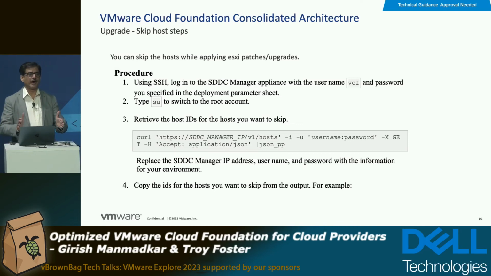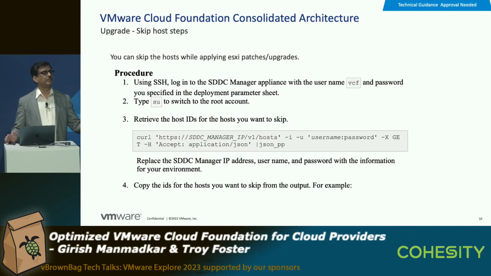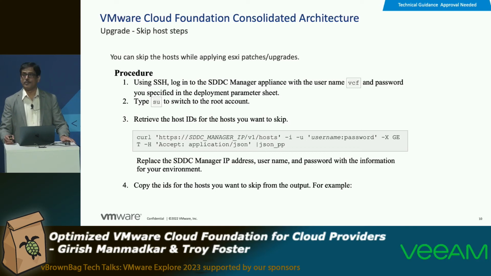That way you can minimize your overall lifecycle automation process as well. After the LCM work is done across all the 3 hosts, you are going to decommission this host and it will go back to your pool. That's why we recommend you skip this host. The LCM process will ignore that host and will not perform any upgrades, whether an ESXi host upgrade or an NSX upgrade, seamlessly.